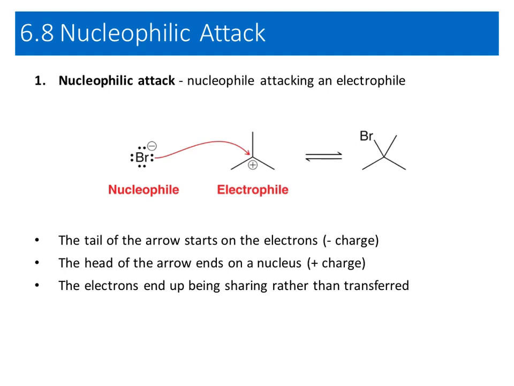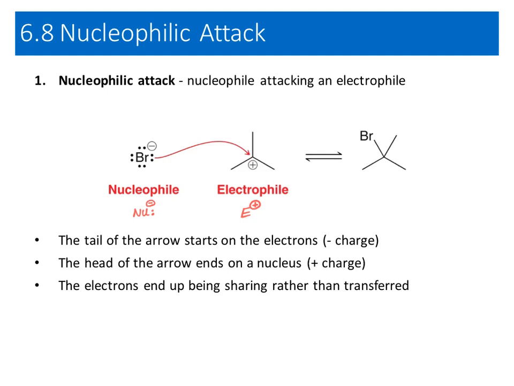Sometimes we show the nucleophile as Nu with a lone pair, and the electrophile shown as E with a plus charge. So if we have these two starting materials, bromine is our nucleophile because it possesses a lone pair of electrons, and we have a carbocation which has an empty p orbital.